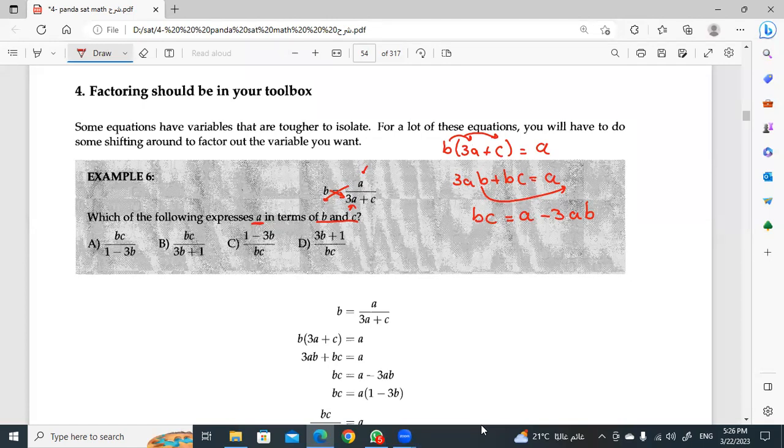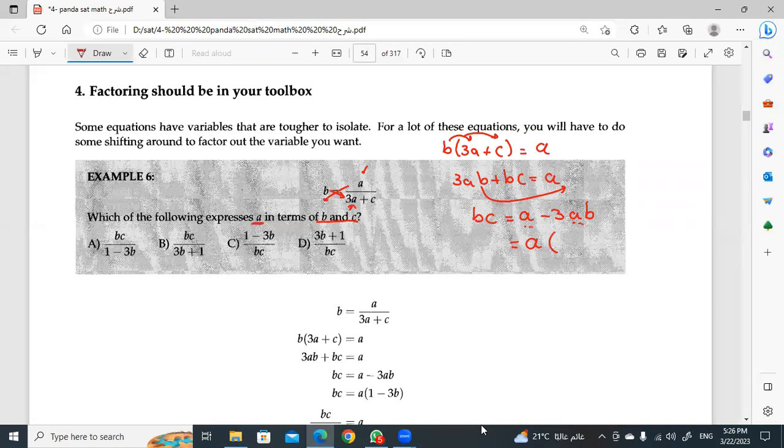Does any A remain on the left-hand side? No. Okay. So right now I have A here and here, so I can take A as a common factor.